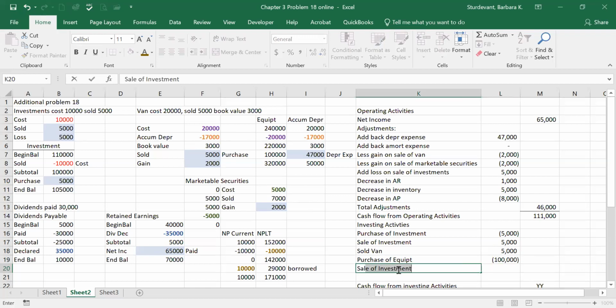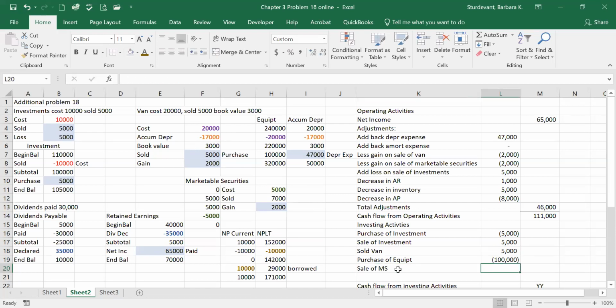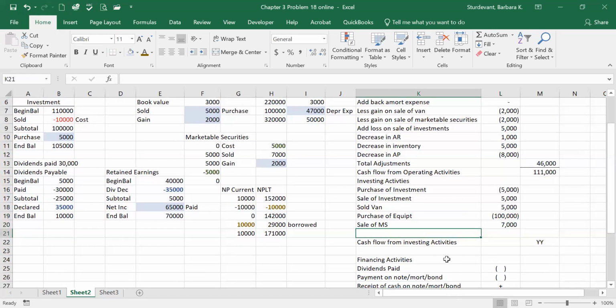Okay, and then we have our marketable securities. How much did we get when we sold our marketable securities? We received 7,000. Okay. And then we also had a purchase. Purchase of marketable securities. And how much did we purchase? 5,000.